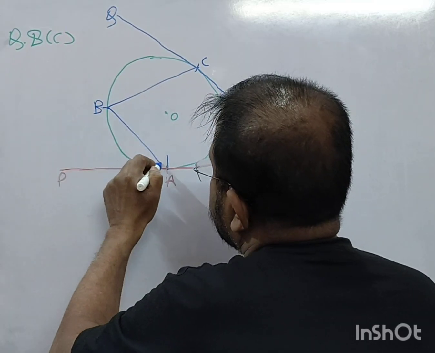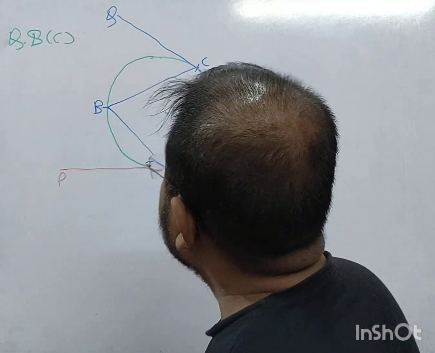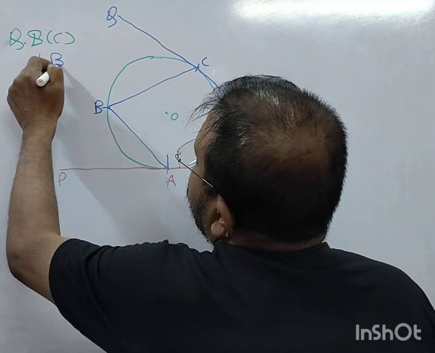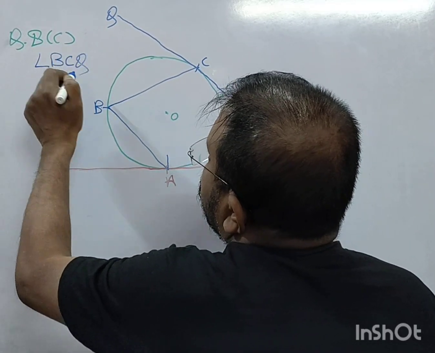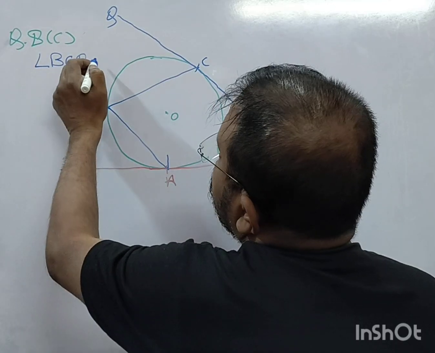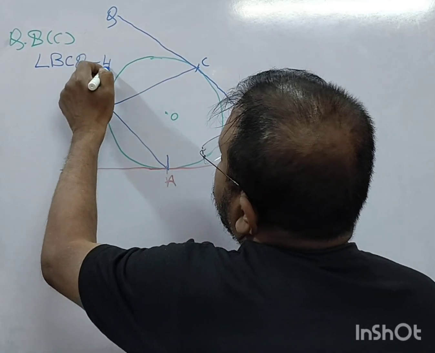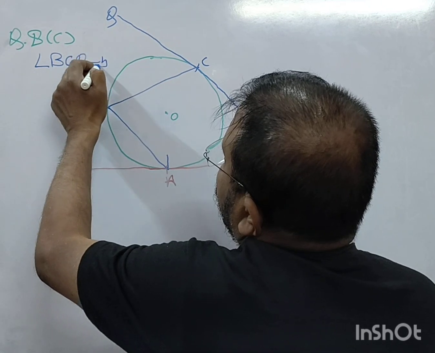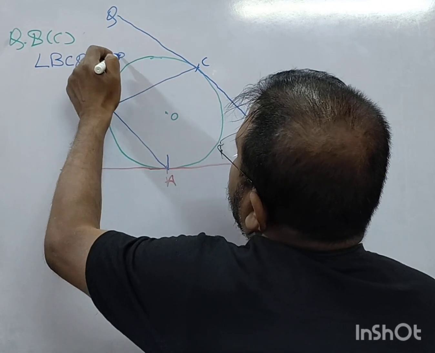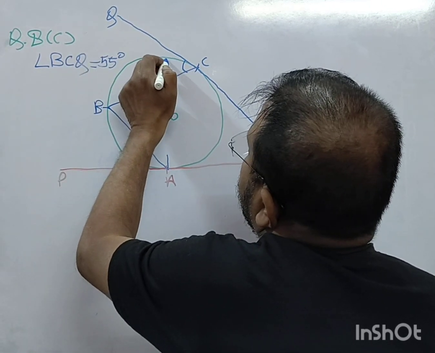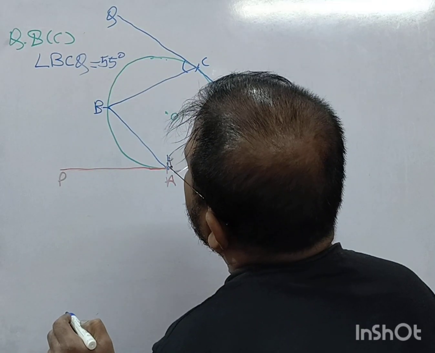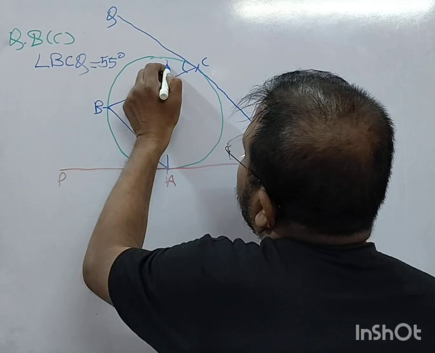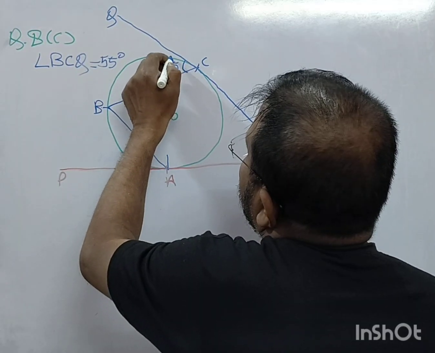So angle BCQ is 55 degree. BAP is of 60 degree. This is of 55, right?